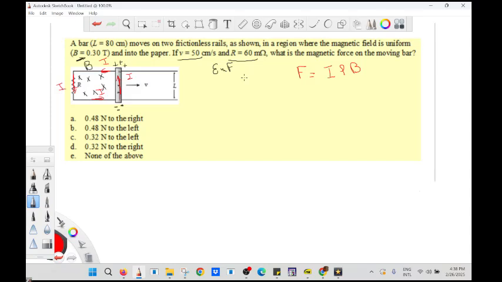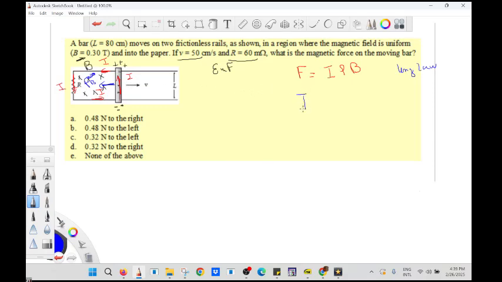I is up, B is into the board, so the magnetic force will be to the left. And it makes sense because it will oppose whatever gave rise to it. This is called Lenz's law. It's going to try to slow it down because of conservation of energy.